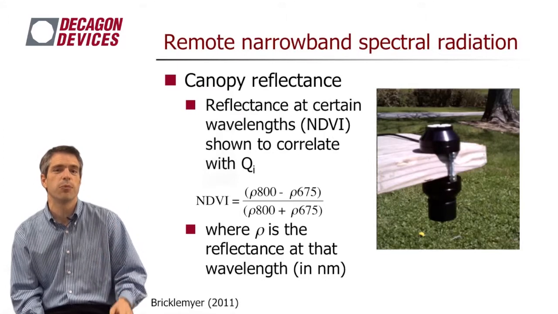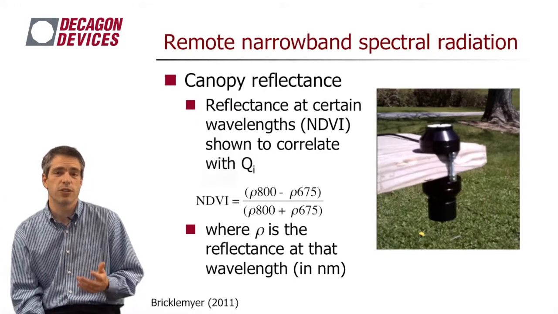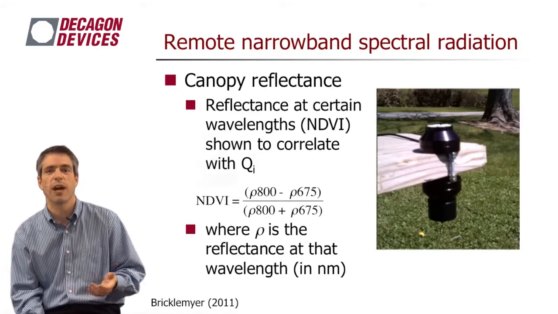But another interesting way that we've been playing around with, this has been around quite a long time, is this NDVI, or Normalized Difference Vegetation Index, which compares light at two different wavelengths at 800 nanometers and at 675 nanometers.